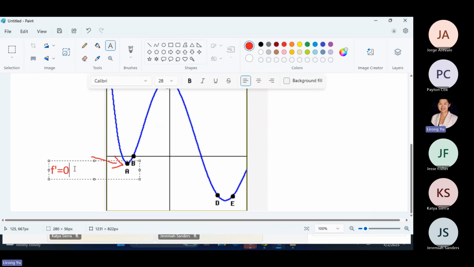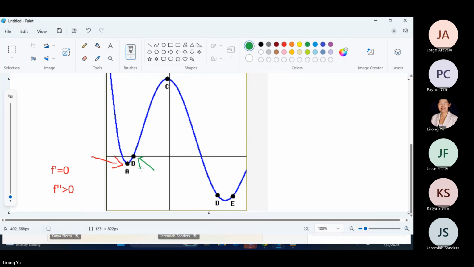Any function that is increasing would have a positive derivative, right? So that's concave up. At point A, we should have the first derivative equal to 0, but the second derivative has to be positive, because it's concave up. Are we okay? All right, and then let's talk about B.